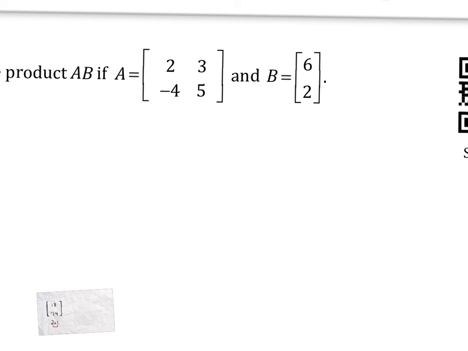Okay, so essentially what happens is the 6 multiplies those guys there, and the 2 multiplies those, and then we add them together. So let's see what we end up getting. So there's a 12 plus a 6, and then the 6 and the negative 4, those become a negative 24, and this 2 times that 5 is a 10.